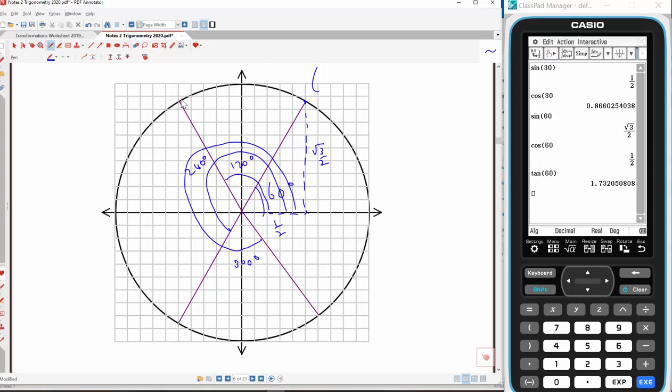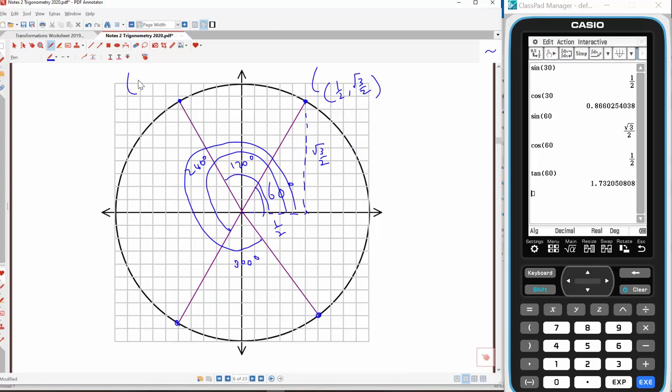All right, so again, what we're looking for is the coordinates of these points on the unit circle. Note that this one here is a half and root 3 on 2. Over here, the values are going to be very similar to this, albeit either negative or positive, depending on what they are.